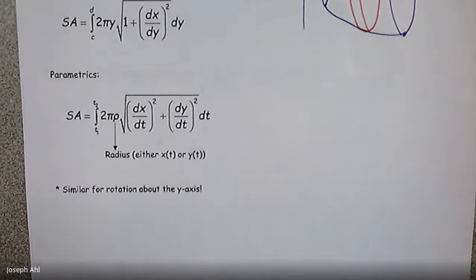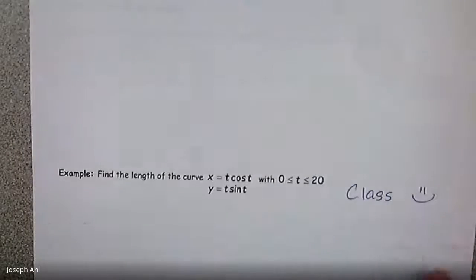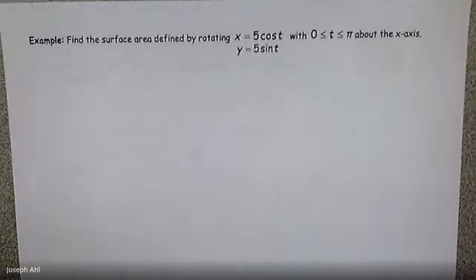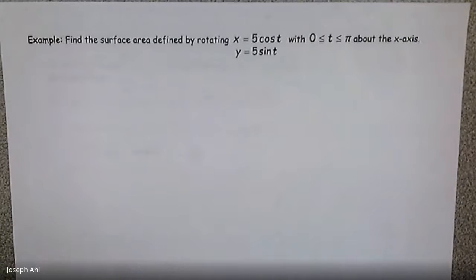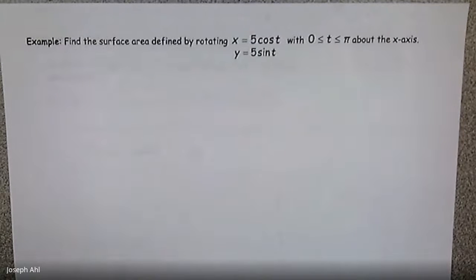So based on that, let's go ahead and take a look at what we have in our next example here. Let's find the surface area defined by rotating x equals 5 cosine t and y equals 5 sine t from 0 to pi about the x-axis. Okay.